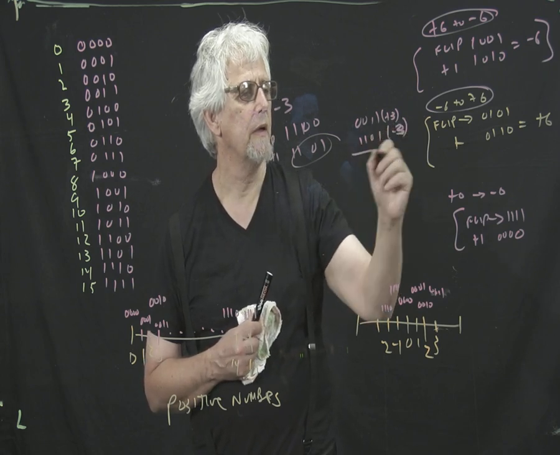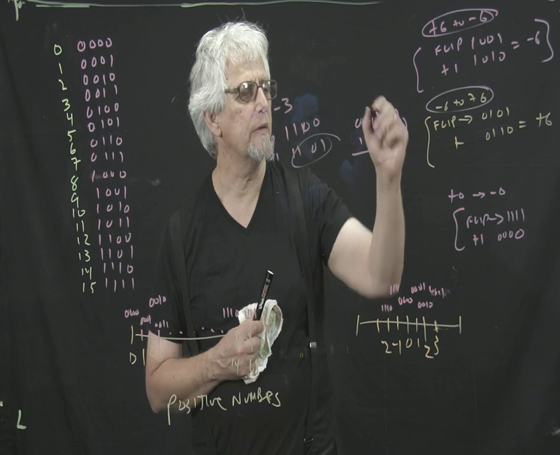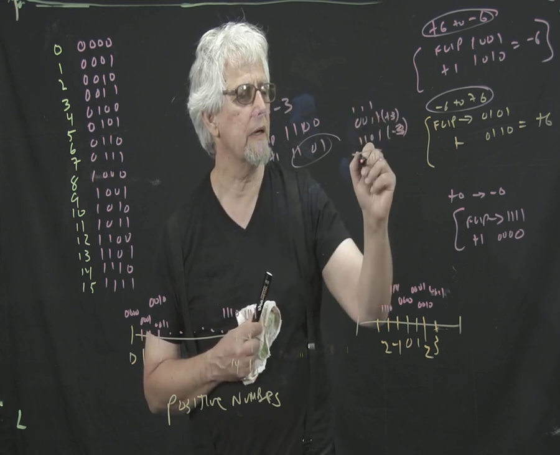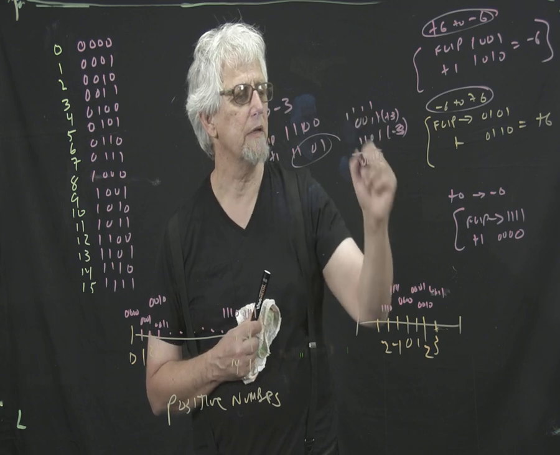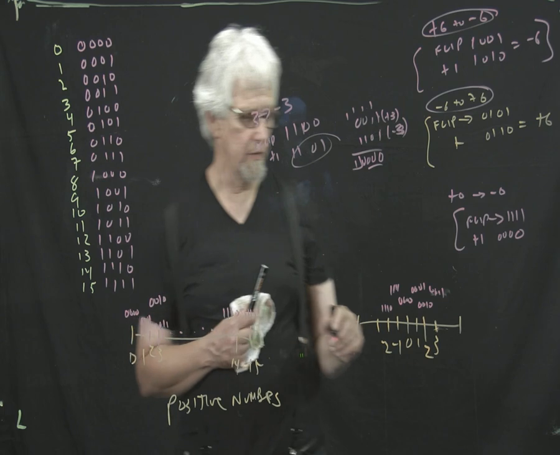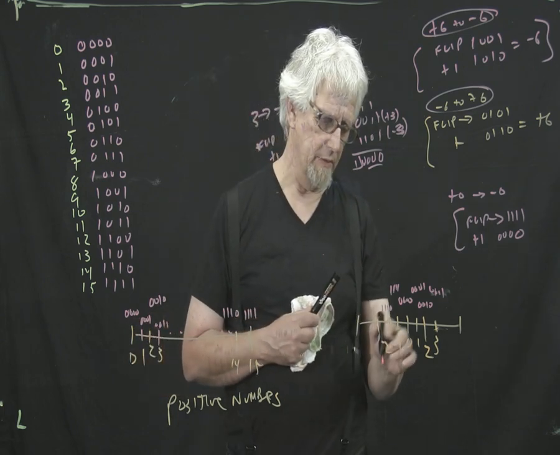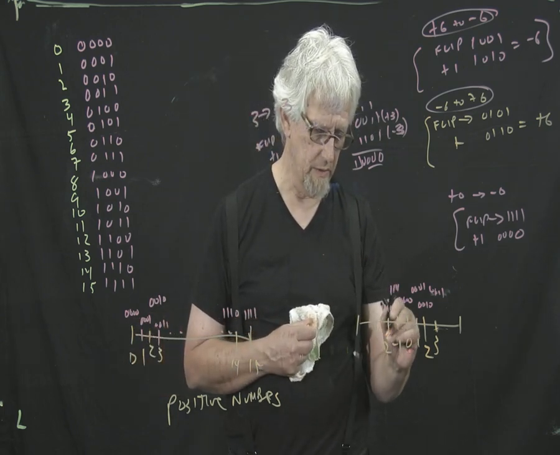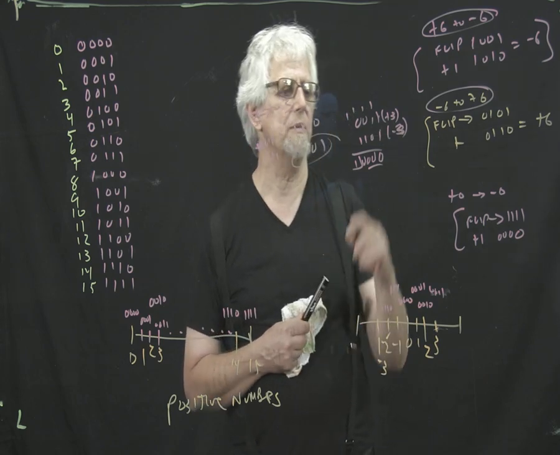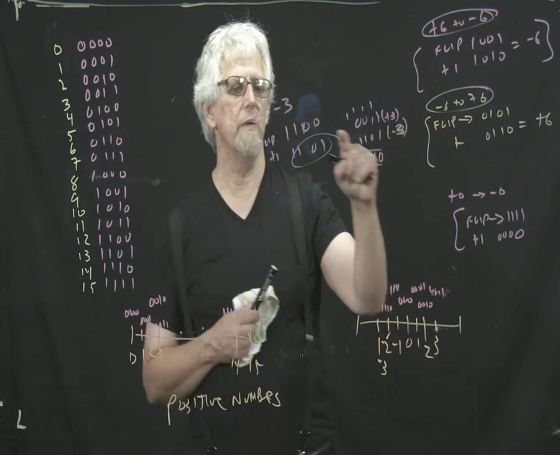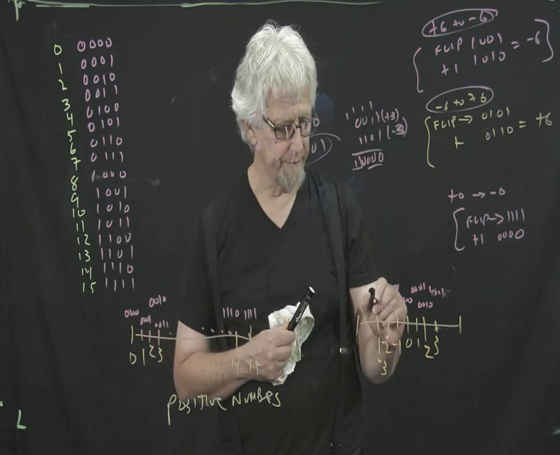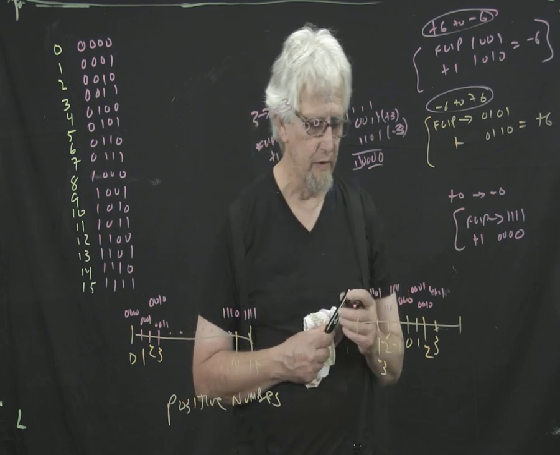Minus 3. 1 plus 1 is 0 and 1 to carry. 0 and 1 to carry. 0 and 1 to carry. 0, 1 to carry, and we're done. So that was minus 2. Here's minus 3. Minus 3 is going to be, what did we get there? 1, 1, 0, 1. Okay.